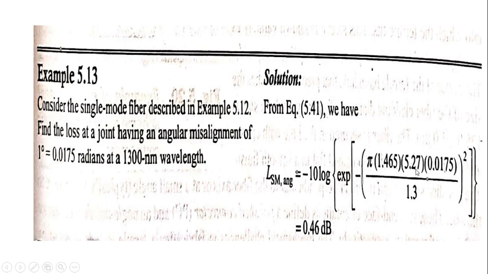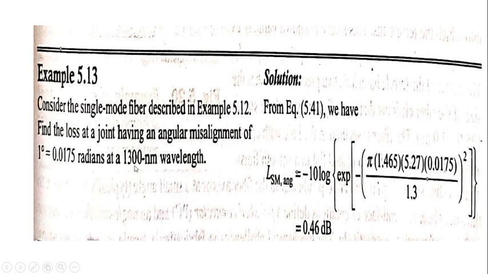5.27 is w, already calculated in the previous problem. 0.0175 is theta given in the question, that divided by lambda. What is lambda? Lambda is wavelength, that is also given in the question, it will be 1300 nanometer. Substituting in that, pi is a constant term 3.14, 1.465 is the refractive index of cladding, 5.27 is w, 0.0175 is angular misalignment in radians divided by lambda.